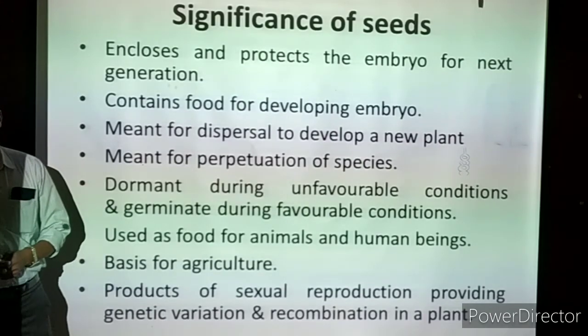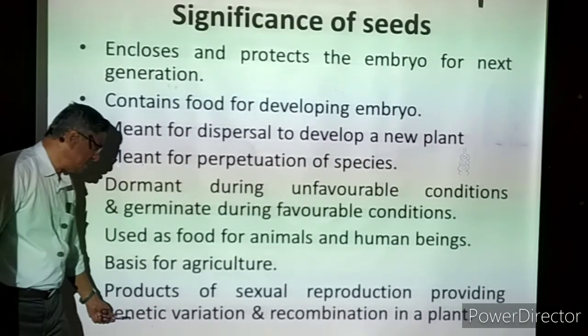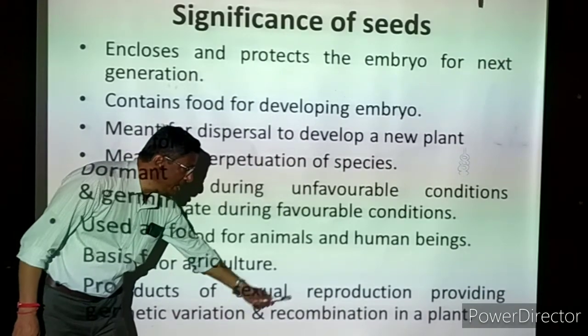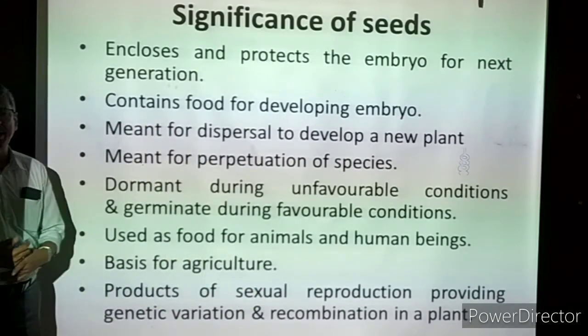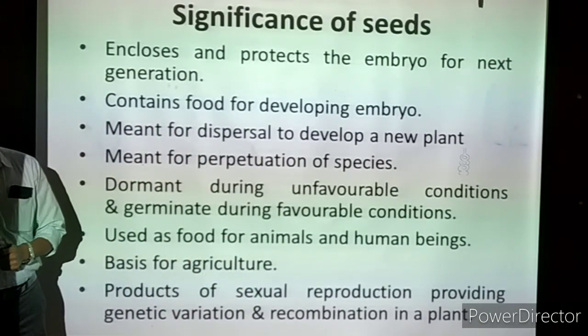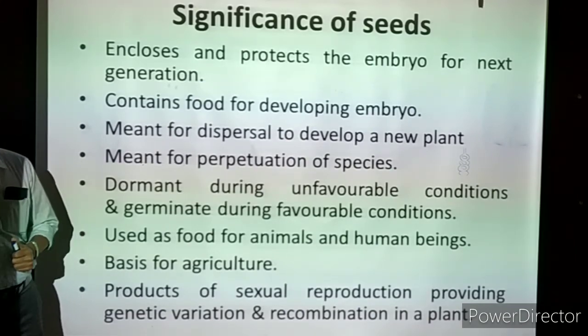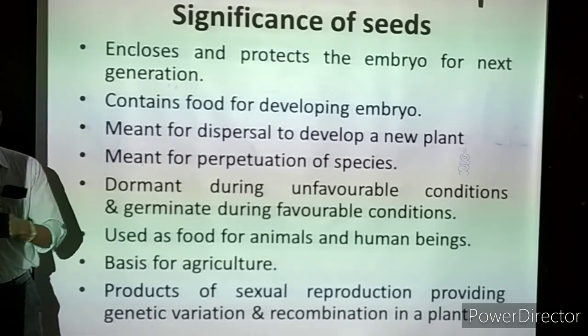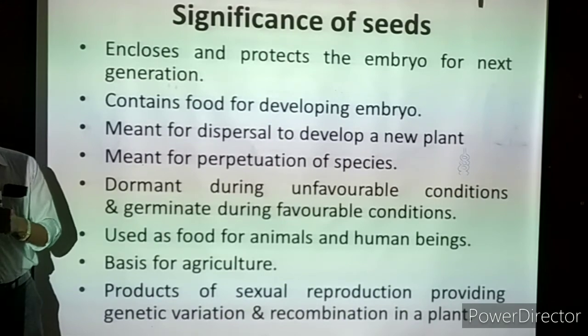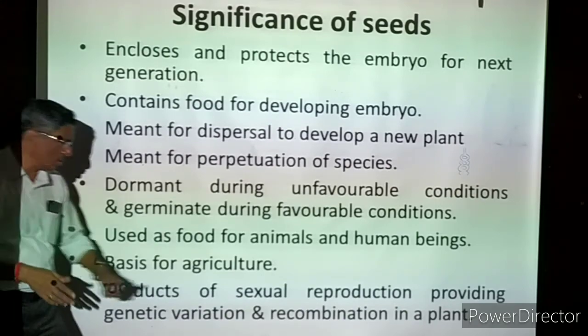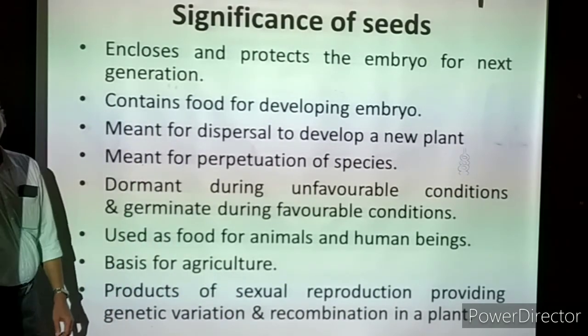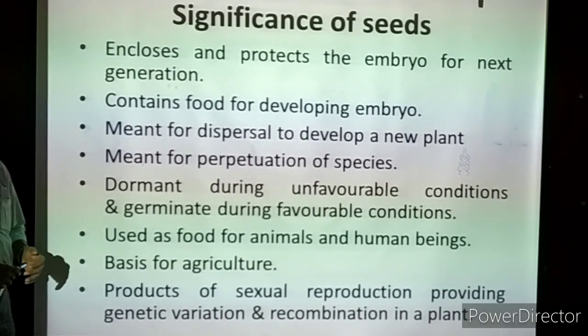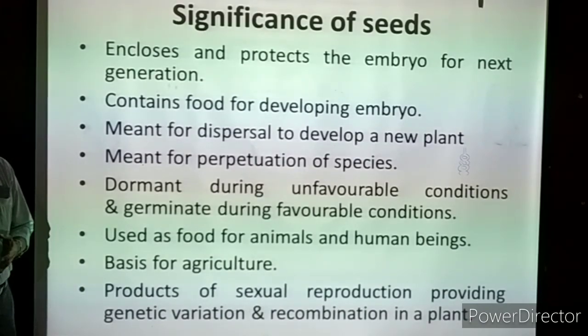Variation means differences in the characters, and there is also recombination in plants. What is recombination? Whenever we are altering the genes, sometimes we introduce a gene from another plant into our agricultural plant. At that time, original DNA plus new DNA combine. That is called recombination. In 12th standard, you will study biotechnology, including recombinant DNA technology.